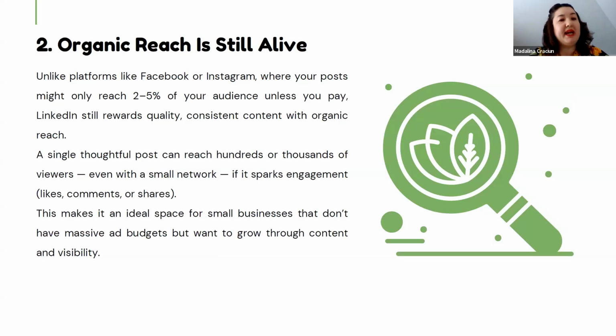LinkedIn also keeps organic reach alive. Unlike platforms like Facebook or Instagram, where your post might reach only 2 to 5% of your audience unless you pay, obviously, LinkedIn still rewards quality, consistent content with organic reach.